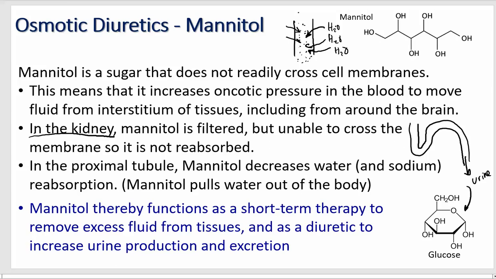I mean, it can be used for lots of things, but if we simplify it to reducing swelling in the brain, it pulls fluid off the brain and dumps it out as urine. Okay, so that's what's happening. So in the proximal tubule, it decreases water and sodium reabsorption, because it's staying in there. And then it moves out as urine.